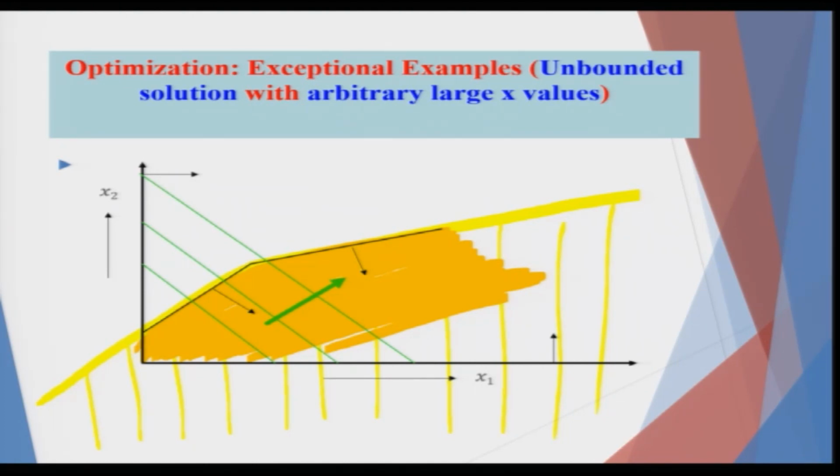As I said, the corner points would give you the objective function maximum. The corner points are actually going towards infinity, hence z value also goes to infinity. The objective function is moving as the bold green line which you see. So, here you have an unbounded solution where the x values can be arbitrarily infinite, which is x 1 and x 2 here.